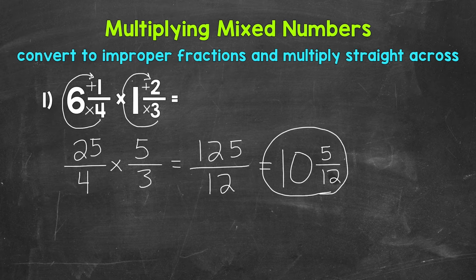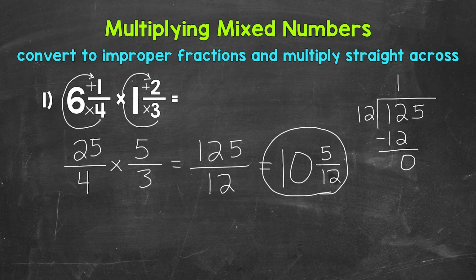Again, we divide the numerator, so 125, by the denominator, 12. So 125 divided by 12. We can start with 12 divided by 12, which is 1. Multiply 1 times 12 is 12, subtract, 12 minus 12 is 0, and then bring down. Now we repeat, so go back to divide.